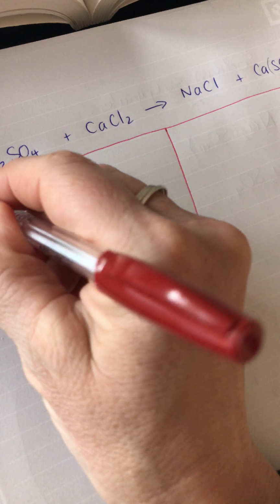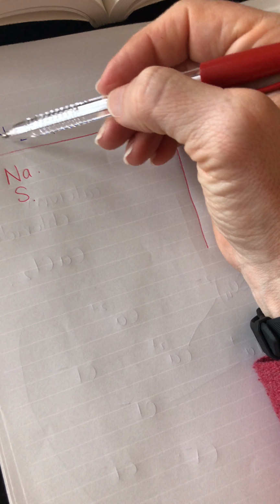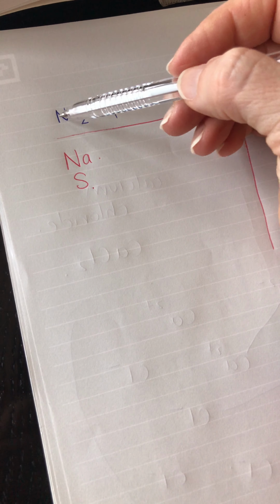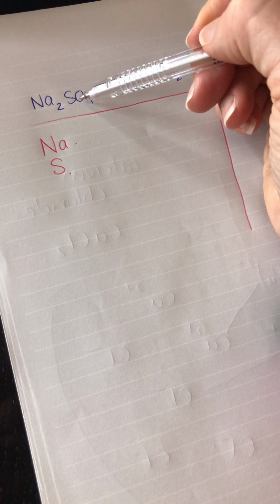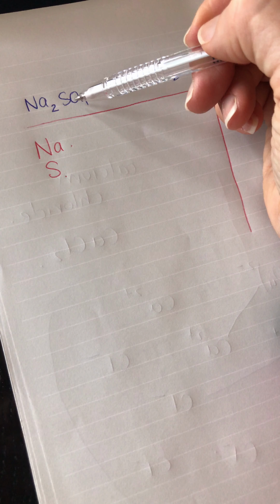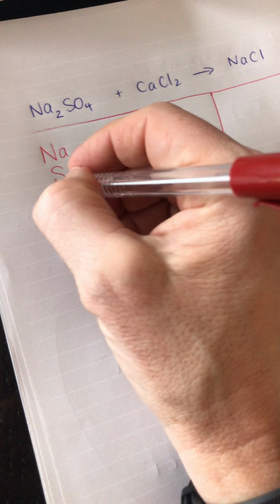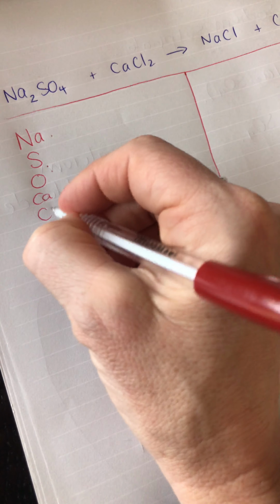So in here, sodium, sulfur, remembering that an element symbol is a capital, or if it's got two letters in the symbol, it's upper and lower. And be very careful that when you're writing out your symbols, that you write them in the size that they are so you don't confuse yourself. Oxygen is the next one, calcium and chlorine.